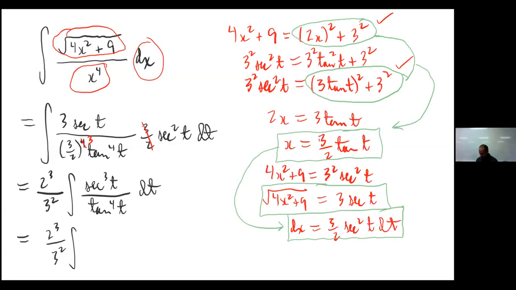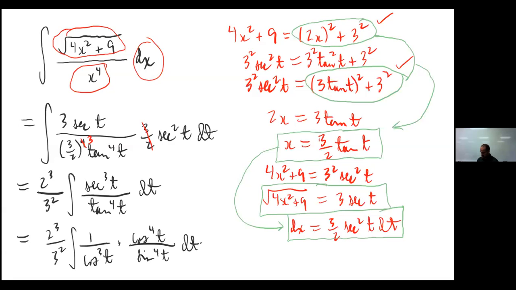Right, so secant cubed, that's like 1 over cosine cubed of t. And the tangent to the 4th, I basically can flip that, right? The tangent is sine over cosine, so you think of it as cosine over sine. So this is going to be cosine to the 4th of t over sine to the 4th of t dt.